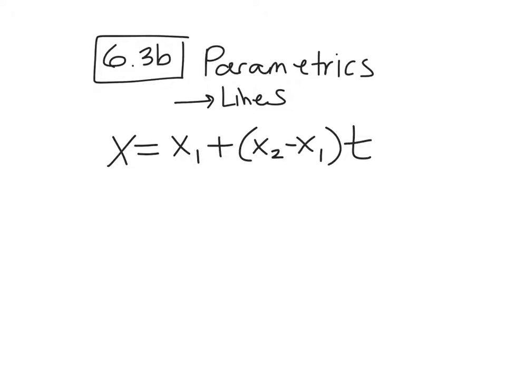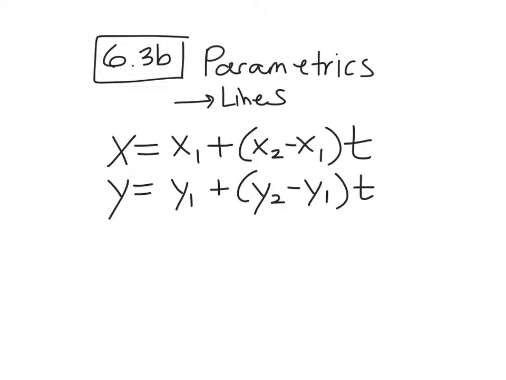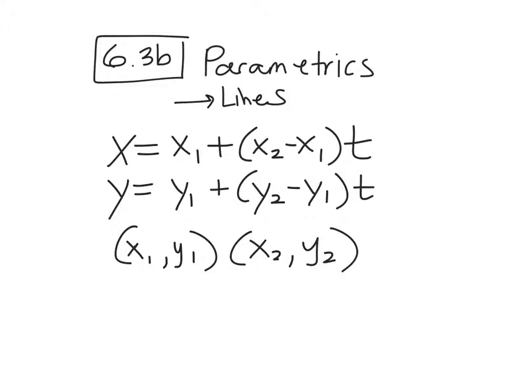And then the other part would be y, and y equals y1 plus y2 minus y1 times t, where x1, y1, and x2, y2 are 2 specific points on your line.